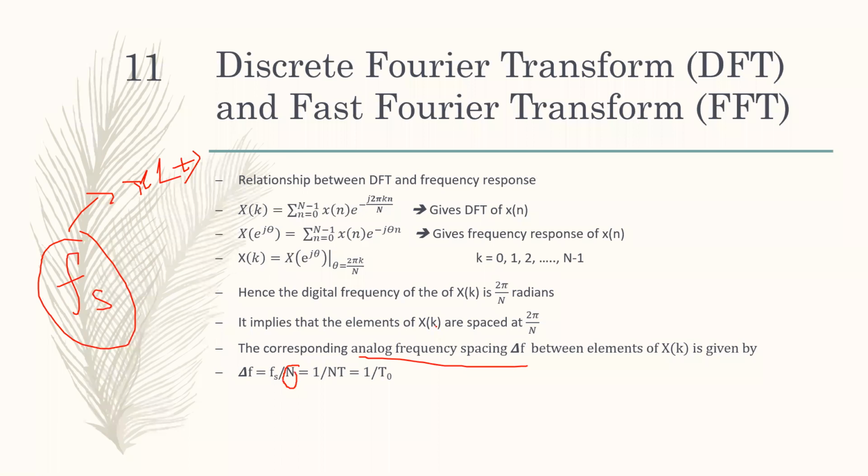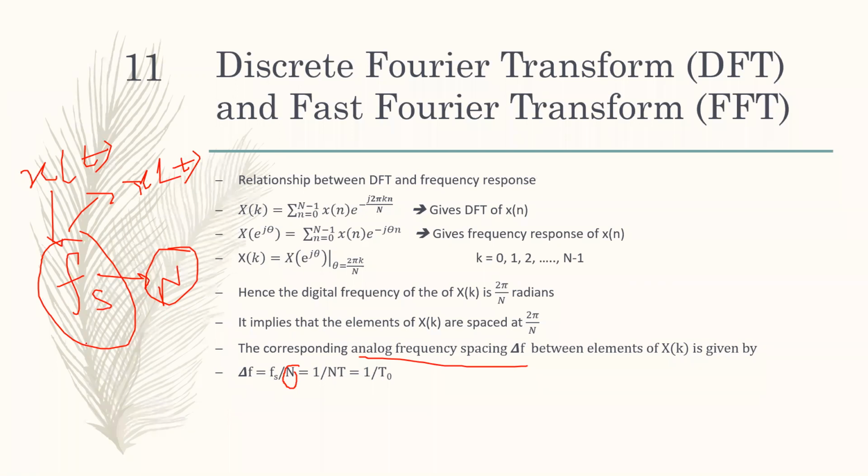I have got around N samples for each of the signals I am using. So if x of t is passed through this sampling frequency and I have N samples out of this process, after every N it repeats itself.